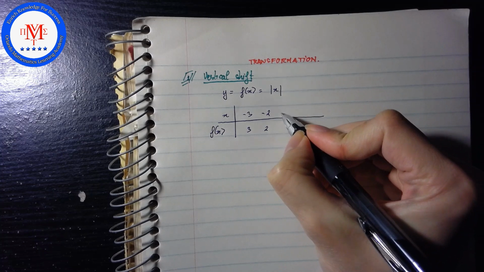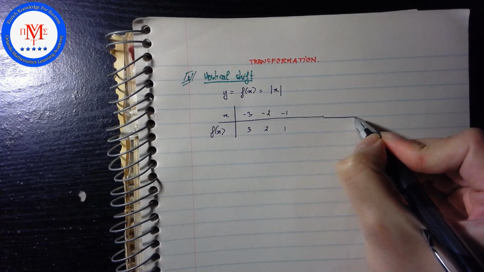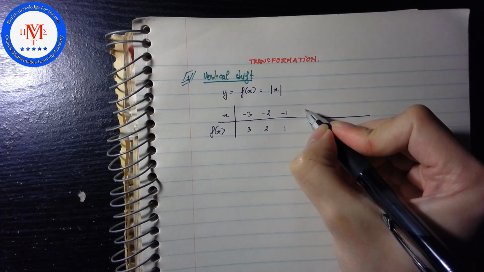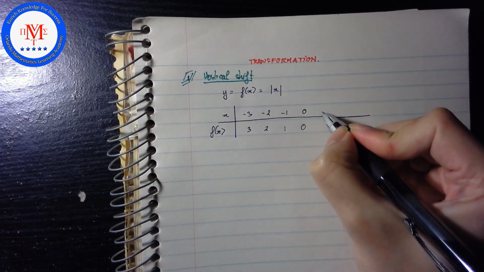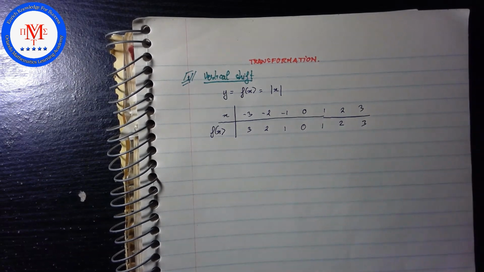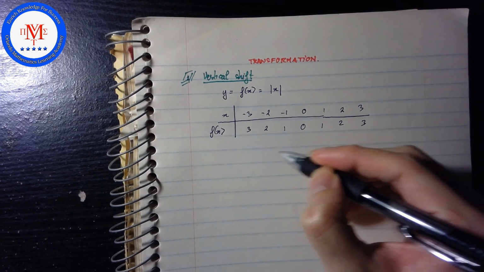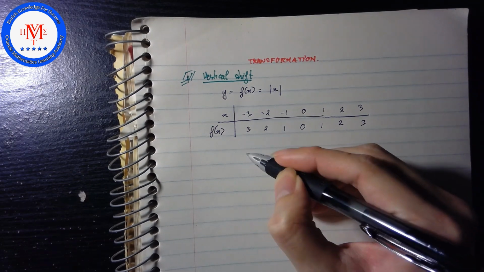If x equal to -1, we have f(x) equal to 1 because we take the absolute value of all negatives. If x equals 0, we have f(x) equals 0; then 1, 1; 2, 2; 3, and 3. And from this table, we can obtain the graph.